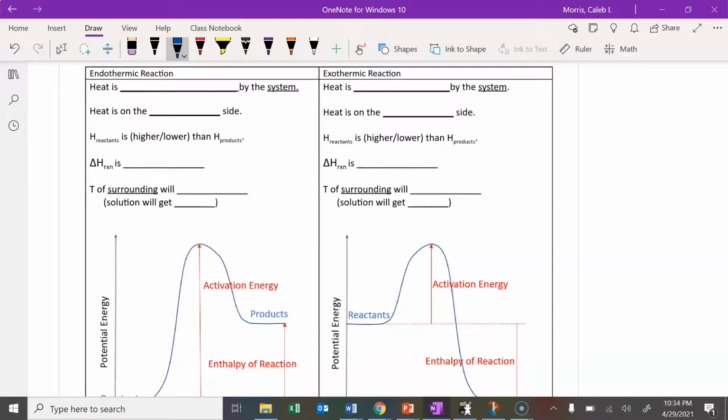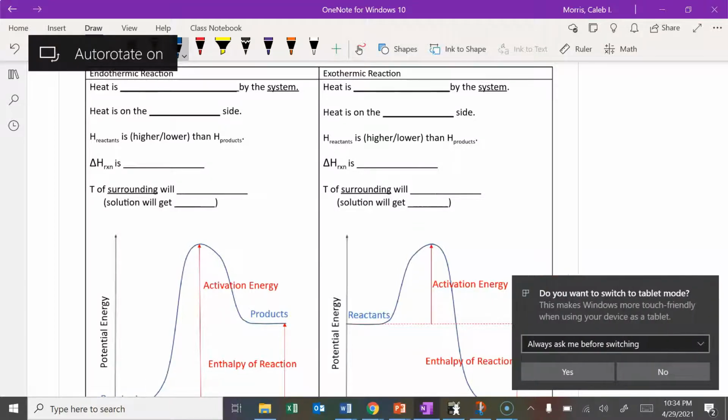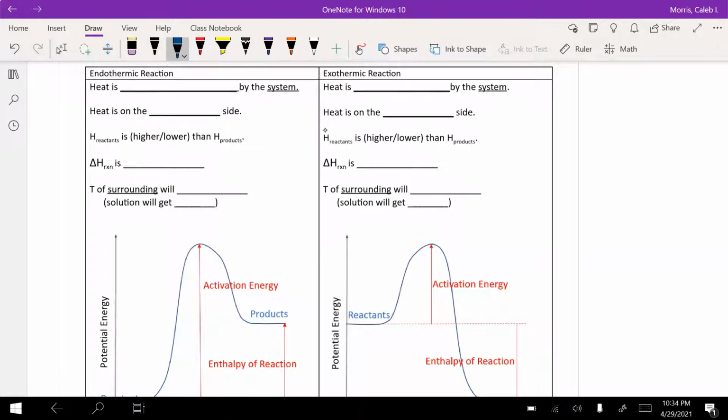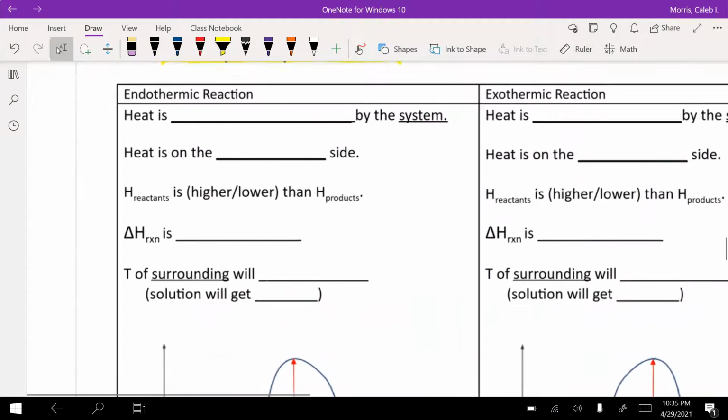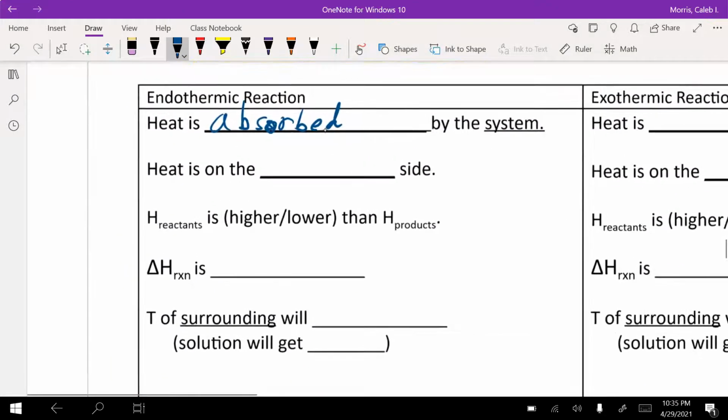All right, start with enthalpy of a reaction. For an endothermic reaction, the heat is going to be absorbed by the system. That should be review at this point. Heat is absorbed by the system. That means that heat is going to be on the reactant side. Heat goes into the system. It requires heat.